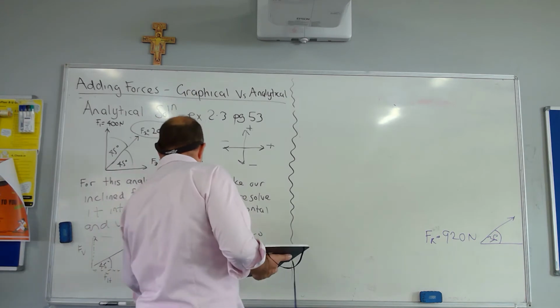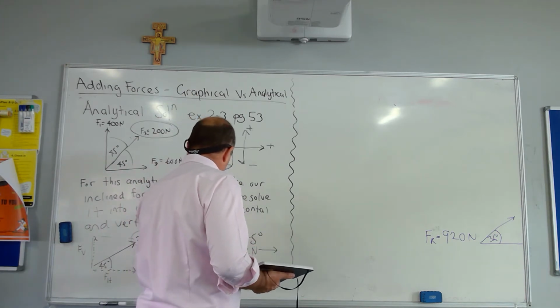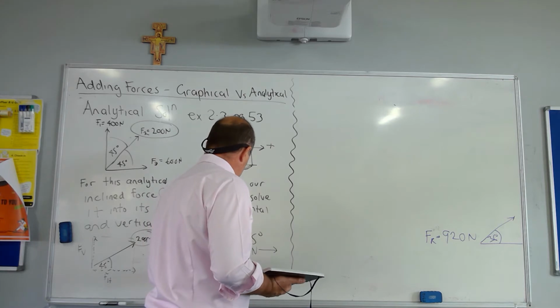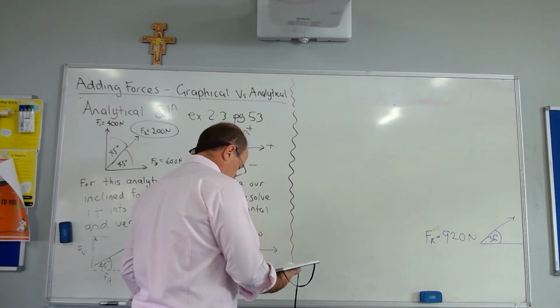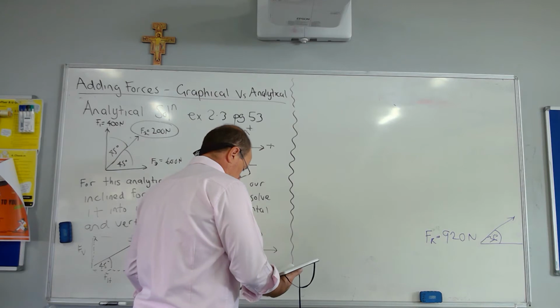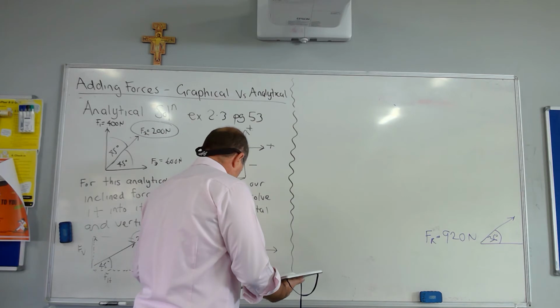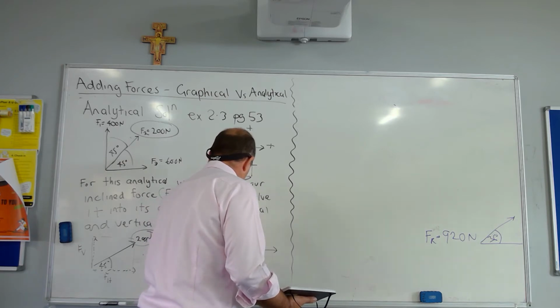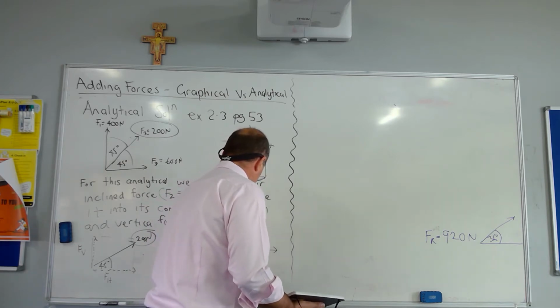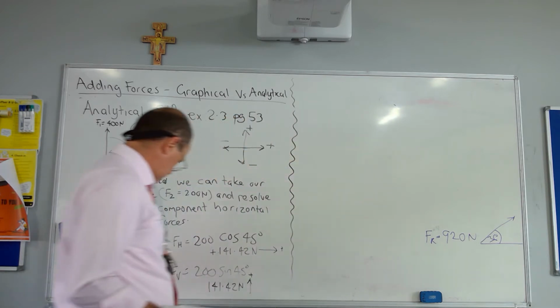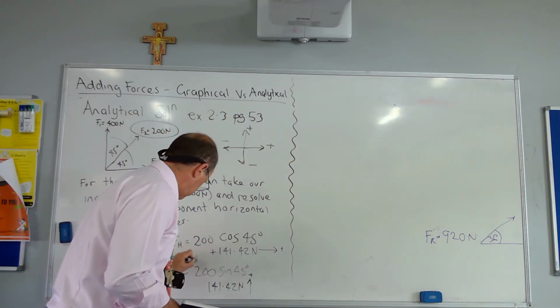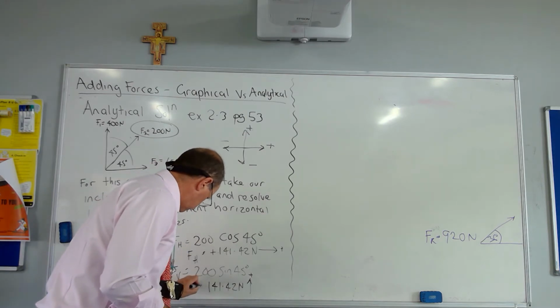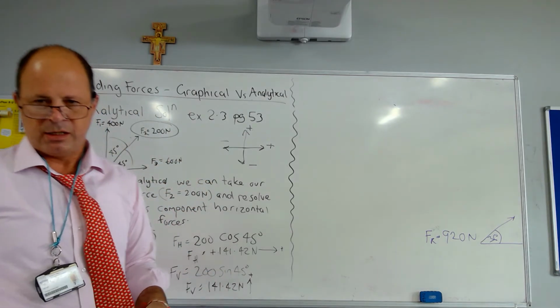Then our force vertical is equal to 200 sine 45 degrees, and we end up with a force vertical of also 141.42 newtons, straight up. So force horizontal equals that, force vertical equals that. Now, you might be asking how we get the same value.